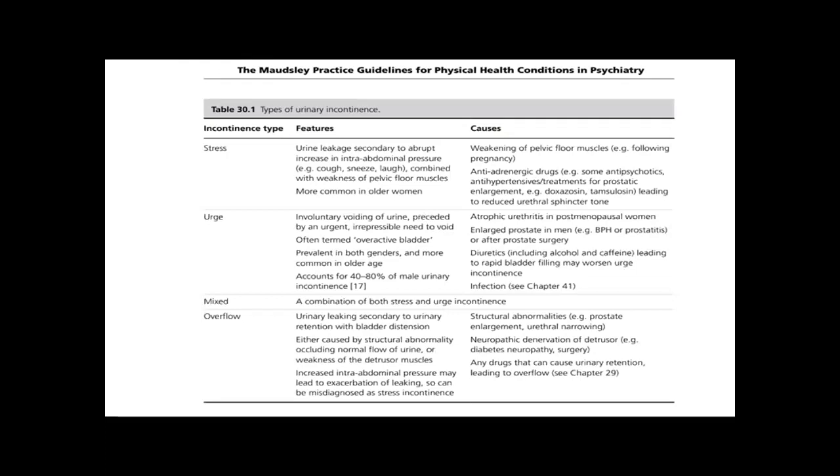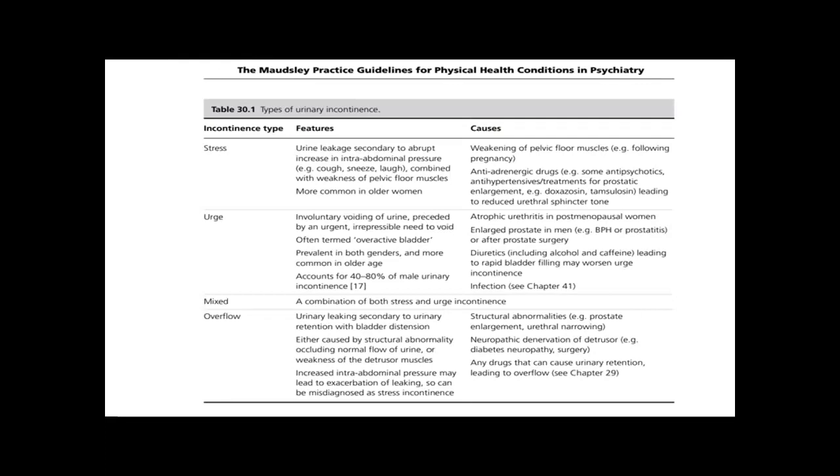Urge incontinence is involuntary voiding of urine preceded by an urgent, irrepressible need to void, often termed overactive bladder. Mixed incontinence is a combination of both stress and urge incontinence. Overflow urinary incontinence is urinary leakage secondary to urinary retention with bladder distension.